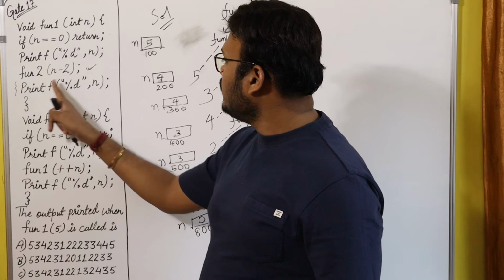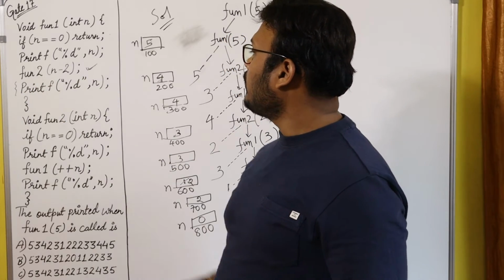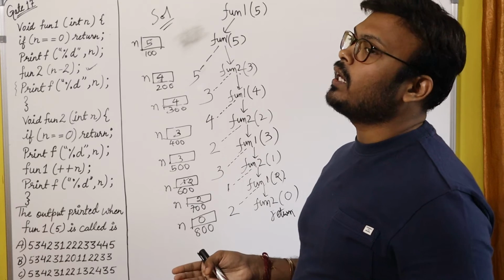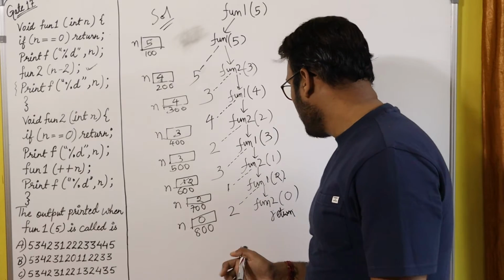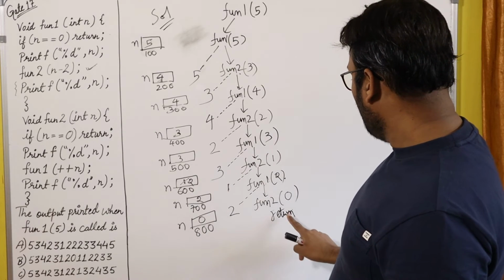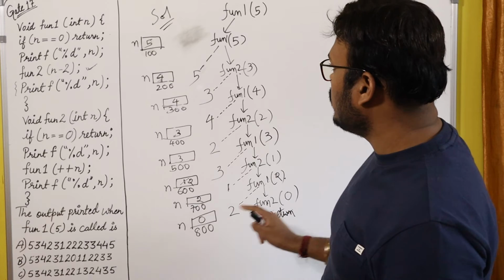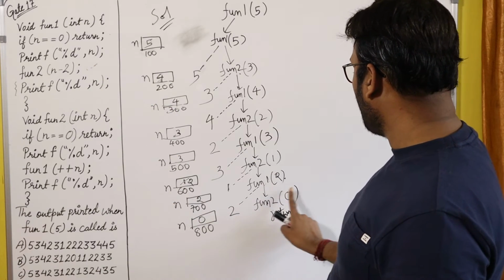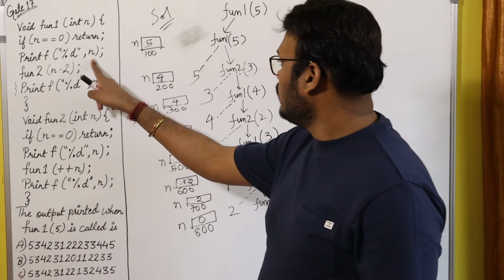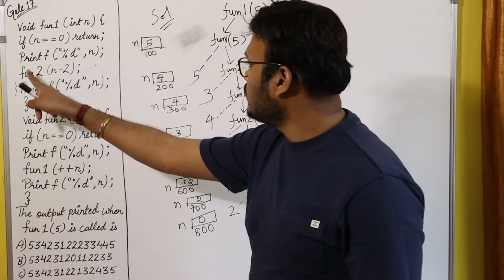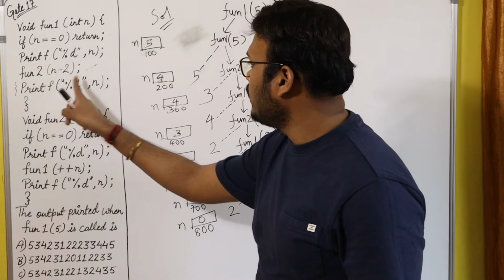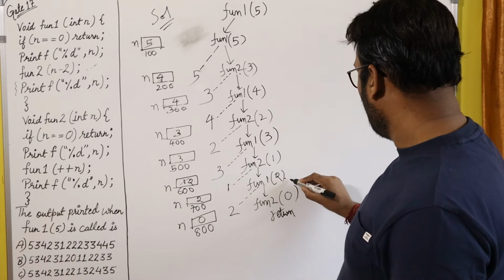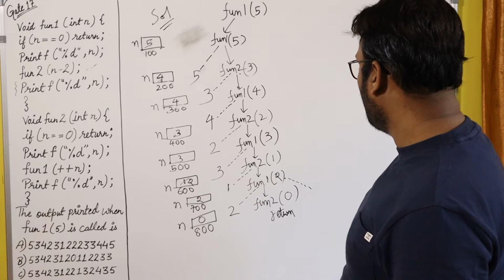And we didn't execute this last line, but now we will execute it because the returning part will happen. Since this fun2 has completed its execution, now this printf will execute.